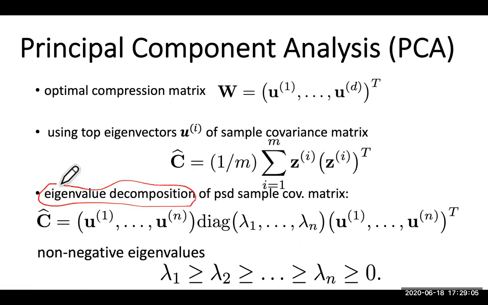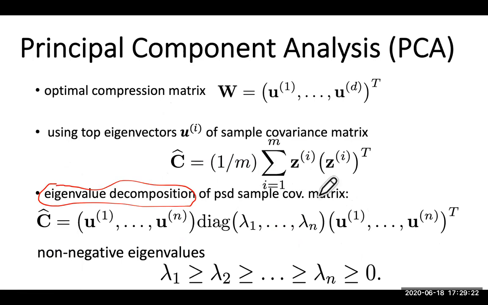So just to calm you down, you do not need to understand the details of eigenvalue decompositions for this course. So in this course, we will use ready-made Python functions to compute this principal component analysis.